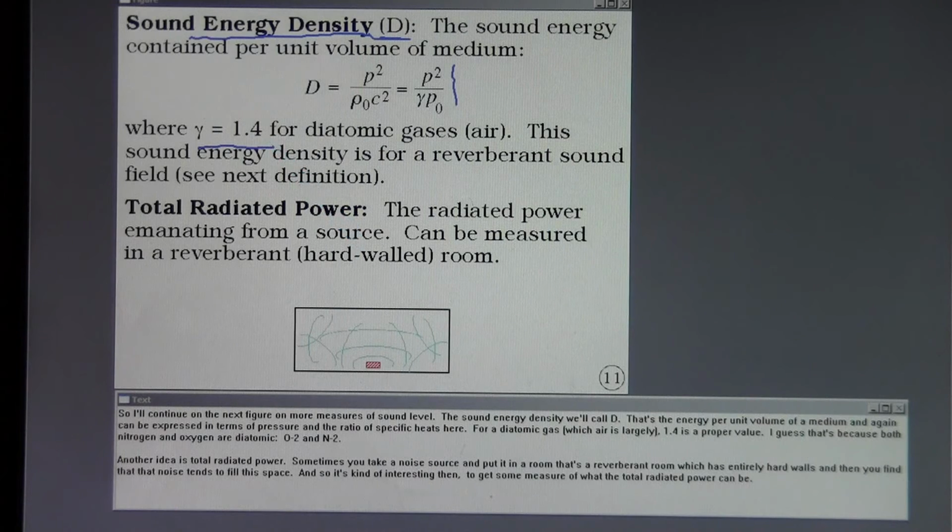I guess that's because both nitrogen and oxygen are diatomic, O2 and N2. Another idea is the total radiated power. Sometimes you take a noise source and put it in a reverberant room, which has entirely hard walls, and then you find that the noise tends to fill this space, and so it's interesting to get some measure of what the total radiated power can be.